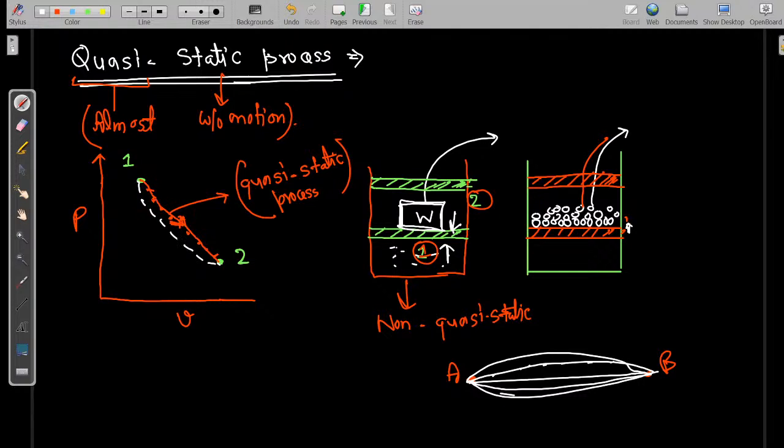So this is your non-quasi-static. Why? Because I don't know the intermediate points, I am not sure that this is the path the system has followed, that's why I am representing it with a dashed line. On the other hand, for a quasi-static process I am sure that the system has followed this path, so we show a quasi-static process with a continuous line.